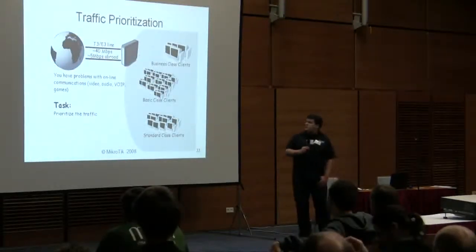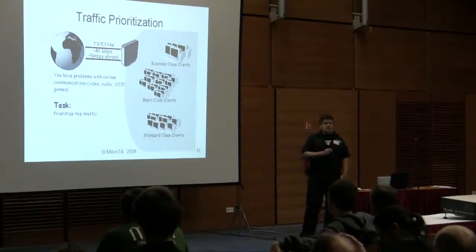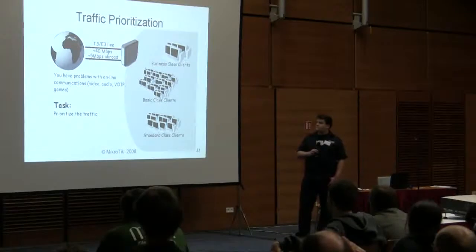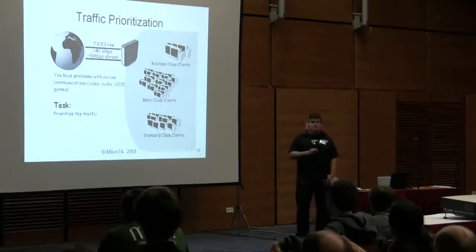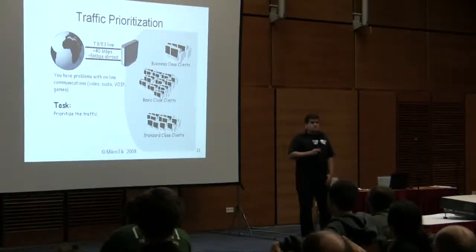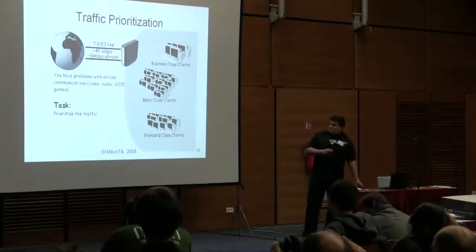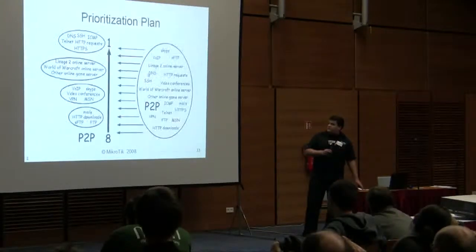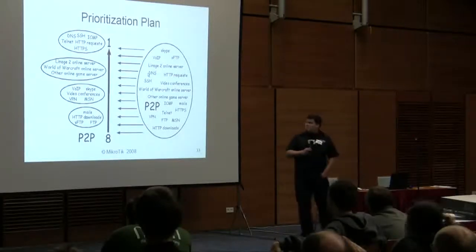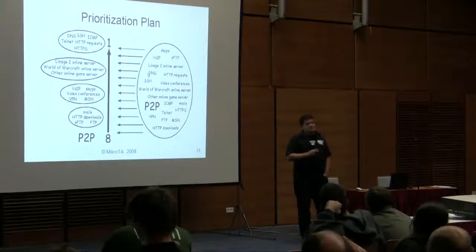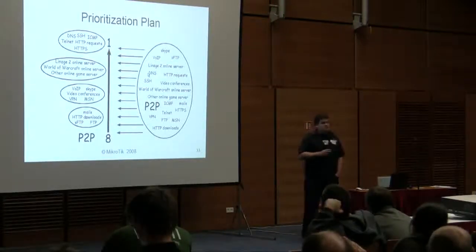Now let's shortly talk about packet prioritization. There are some little problems with online communication such as video, audio, VoIP, and the most problematic thing, games. So the task is to prioritize the traffic. I don't know the ideal answer for how to do it, and did I forget something?